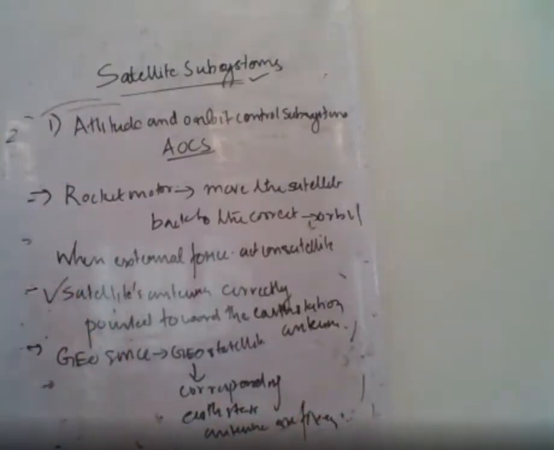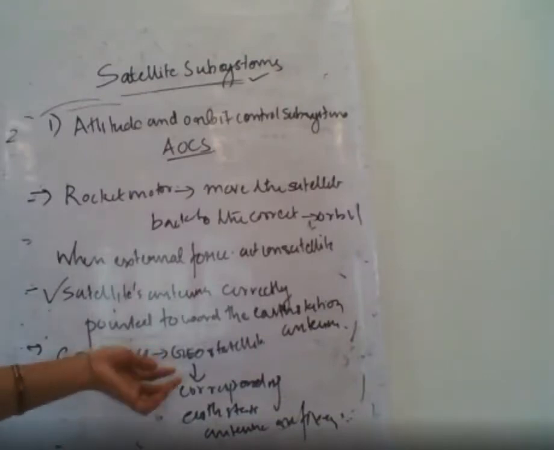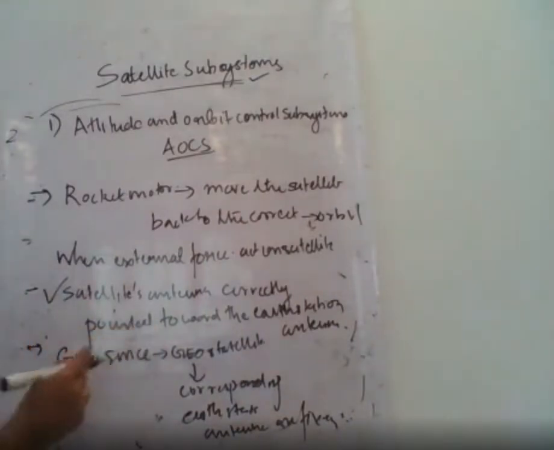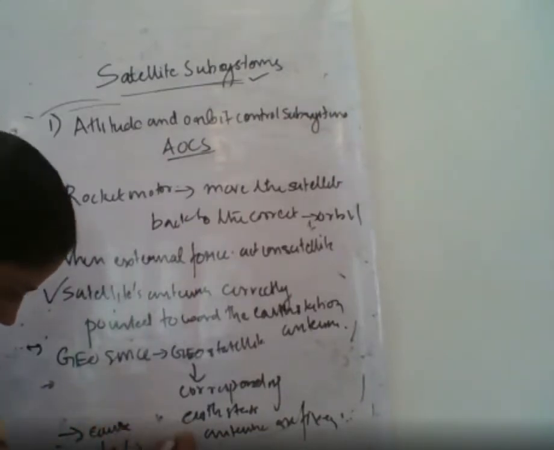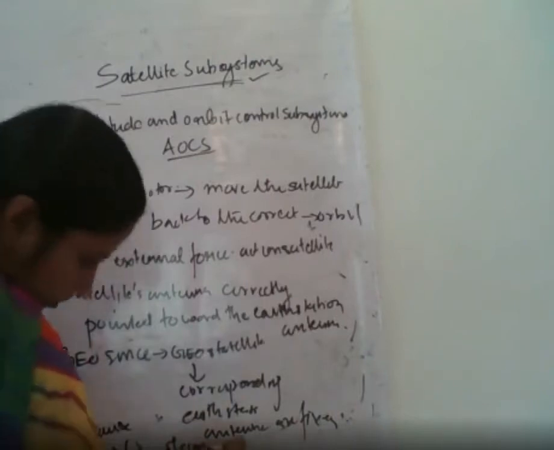If there is any variation in the GEO satellite antenna, there will be loss of signal.